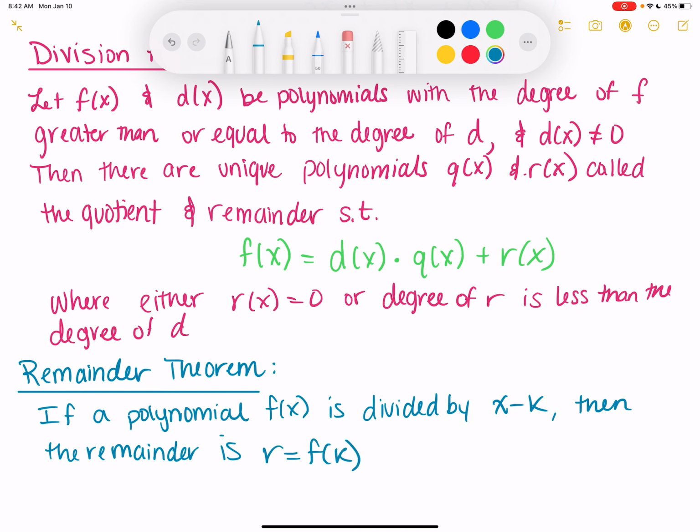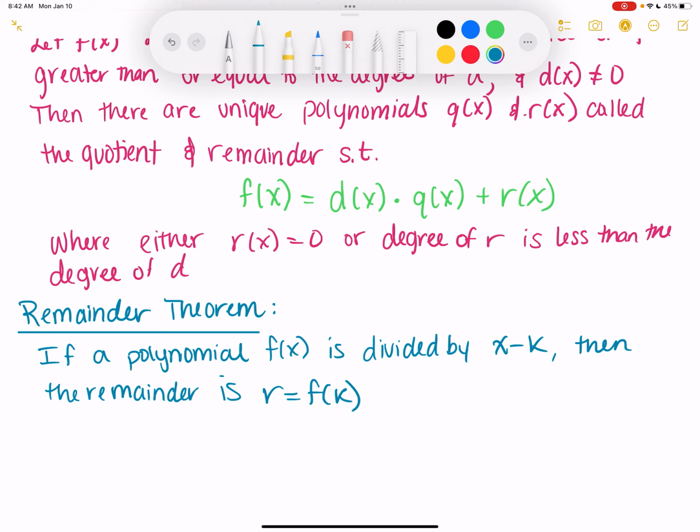So if it just asks you to find the remainder, if it is something like x minus k, not like 3x squared plus 7, okay, it has to literally just be like x minus 7, then you can use this theorem to find your remainder.